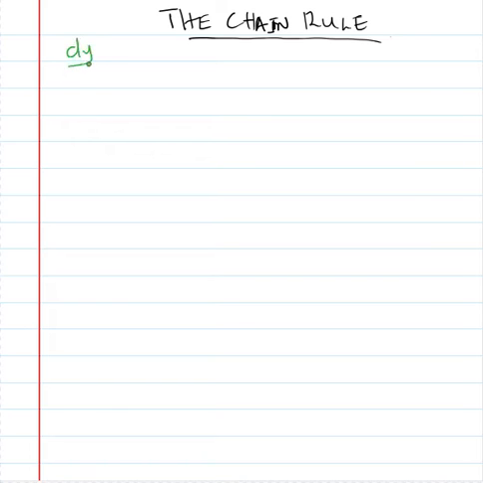So dy/dx, you all know by now, if you've been following this series, is the same as differentiation, and the answer you get after differentiating is called the derivative. So dy/dx is dy/du times du/dx.